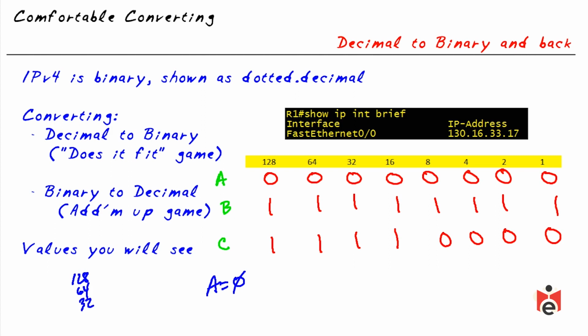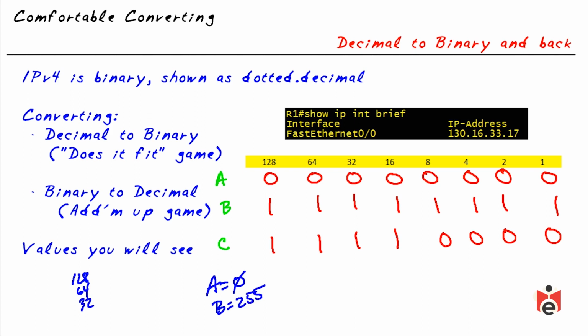So for answer B, it'd be 128 plus 64 more, which is 192, plus 32 more, which is 224, plus 16 more, which is 240, plus 8 more, which is 248, plus 4 more, which is 252, plus 2 more, which is 254, plus 1 more is 255. So B equals 255.